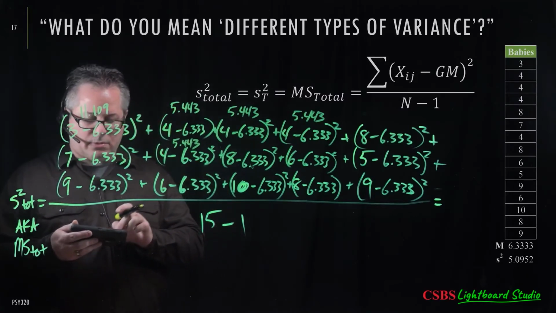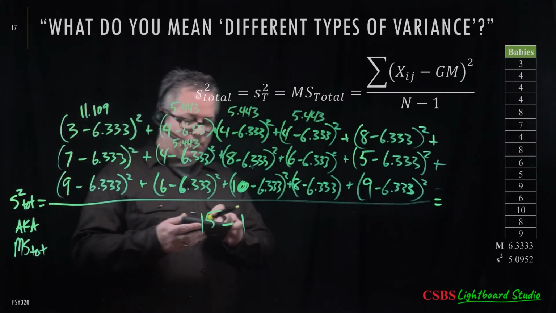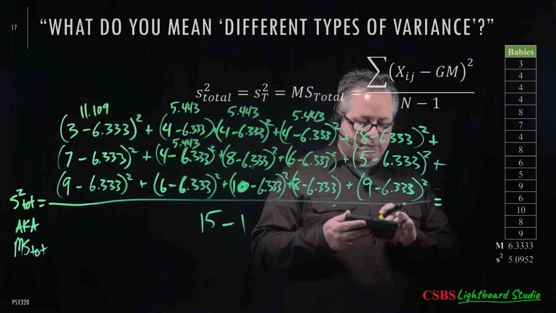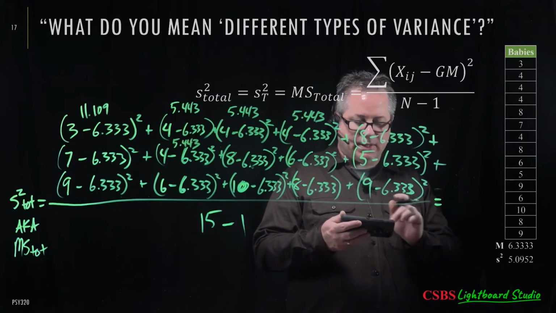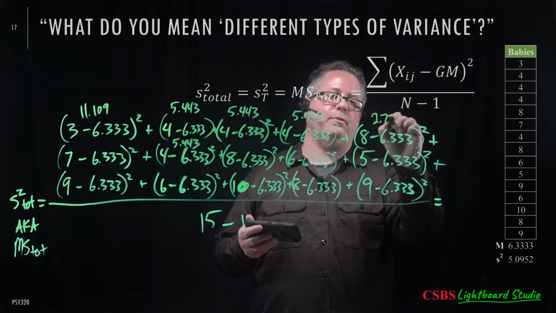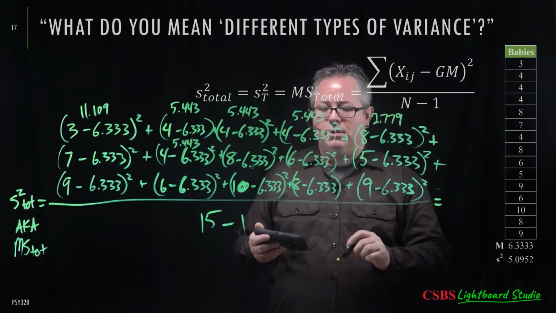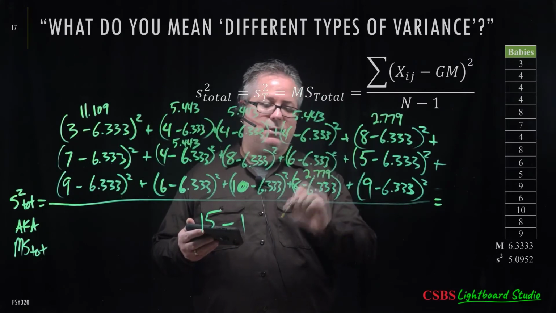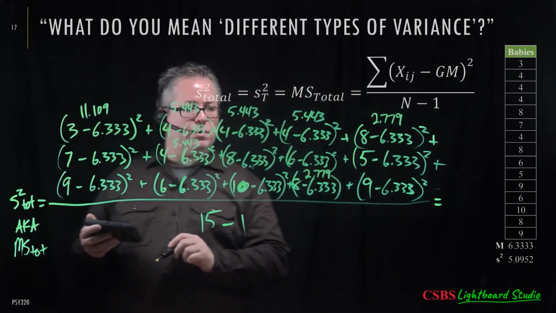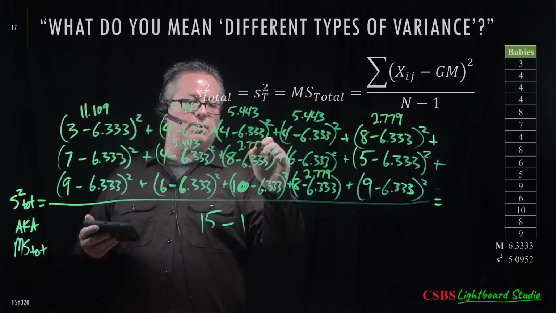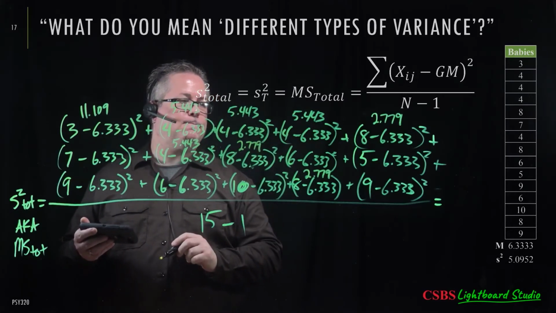Alright, so 8 minus 6.333 equals 1.667. Squared, that's 2.779. So this is 2.779, so is this, and this is also 2.779.